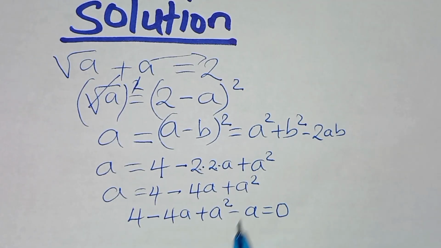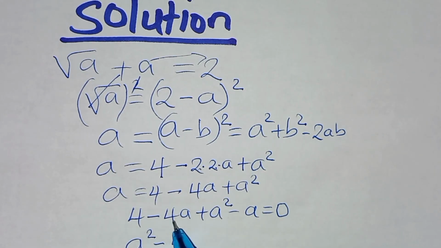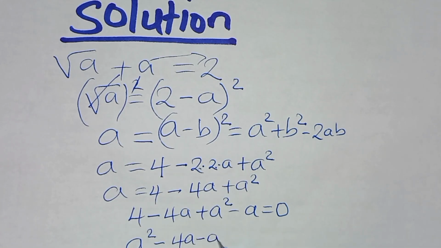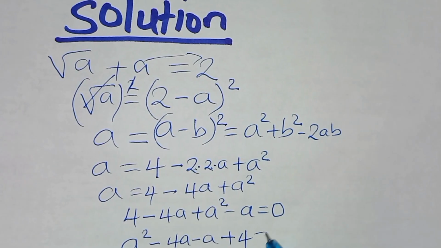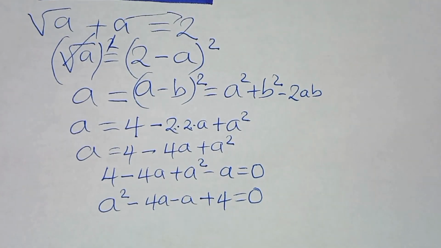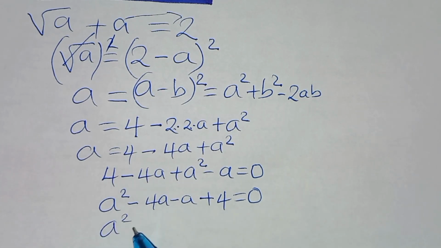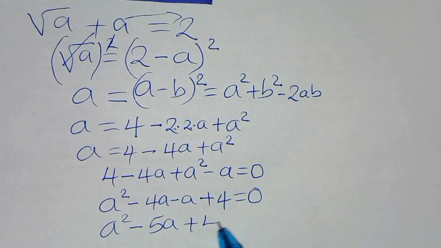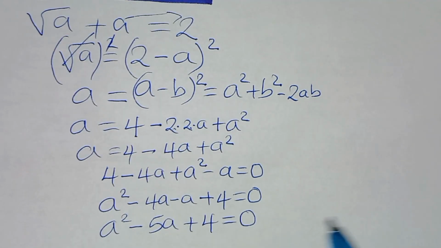Now let's rearrange this equation. We'll have a squared, subtract 4a, subtract a, plus 4, is equal to 0. Now here we have a squared subtract 5a plus 4 is equal to 0.